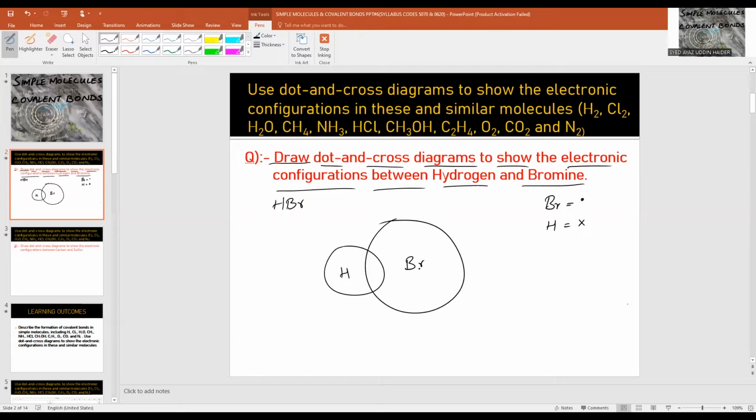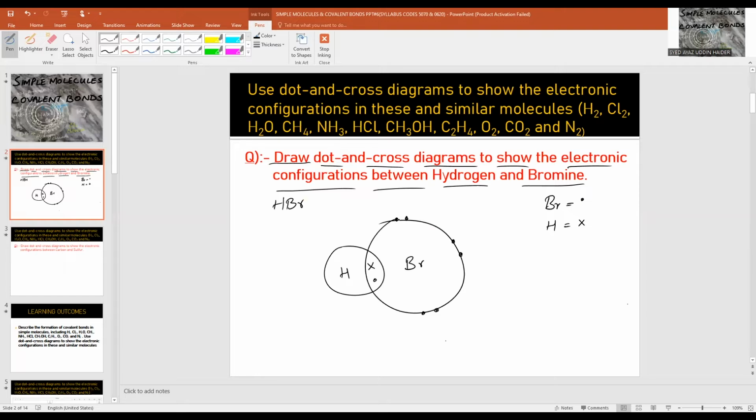First of all, I'm going to show the valence electron of hydrogen, which is 1. Now let's show the valence electrons of bromine, which is 1, 2, 3, 4, 5, 6, 7. You see, both have completed their valence shell.